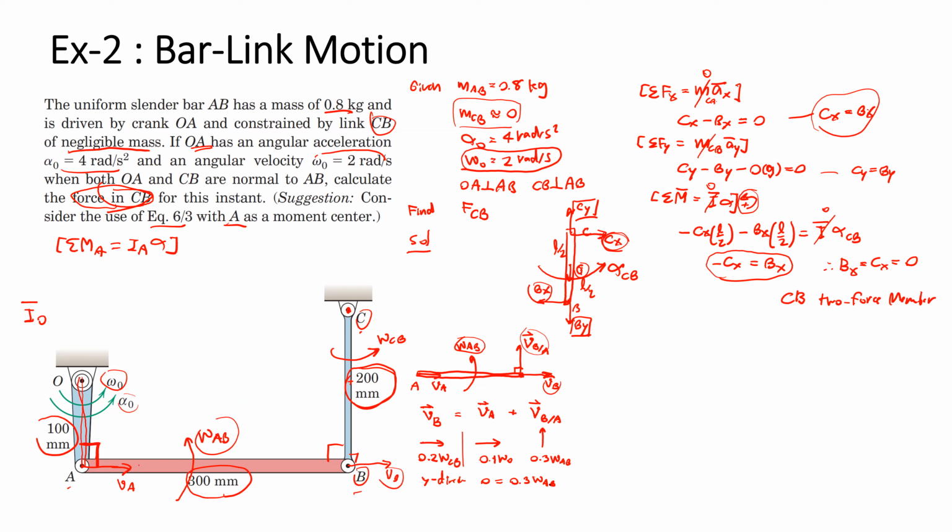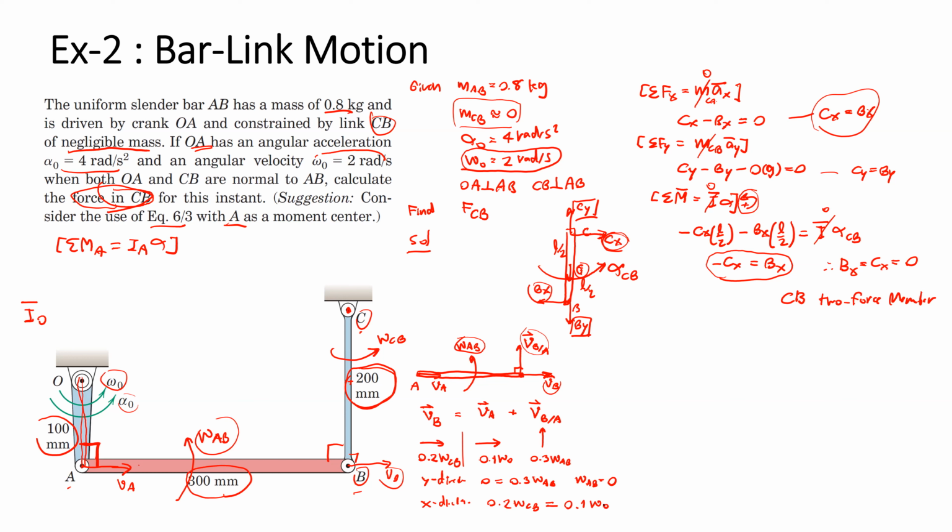So now, at this instant, AB doesn't rotate, omega AB equals 0. If we check the x direction for the equation, 0.2 omega CB should equal 0.1 omega 0.